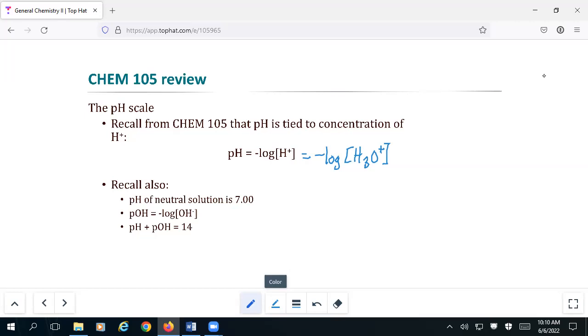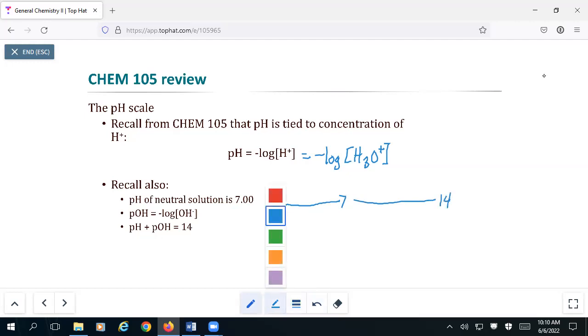And on the far end of the scale, we have our acidic substances. As you get closer to 0 and farther away from the 7, you tend to think of things as being more and more acidic.